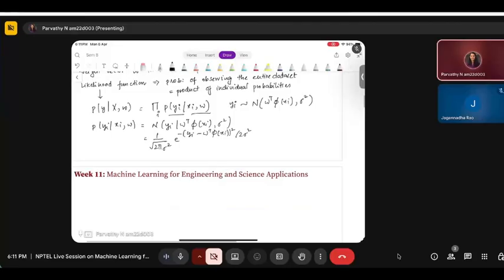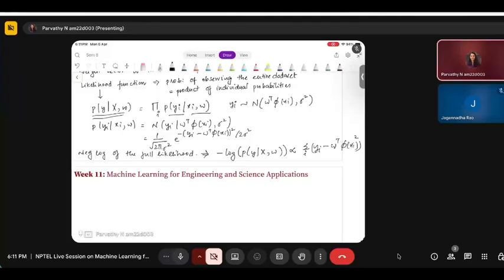Now, when we take the negative log of the full likelihood, that is minus log of p of y given x comma w, and substitute, this will be proportional to (yi minus w transpose phi of xi) the whole square.